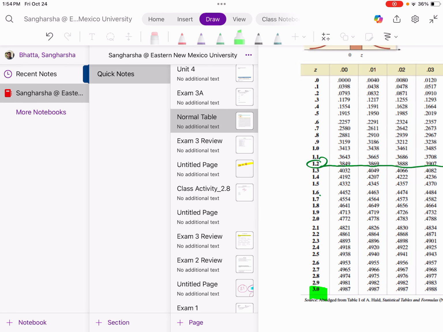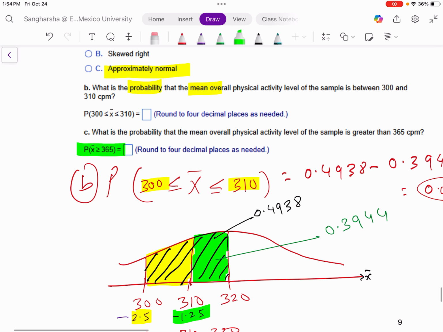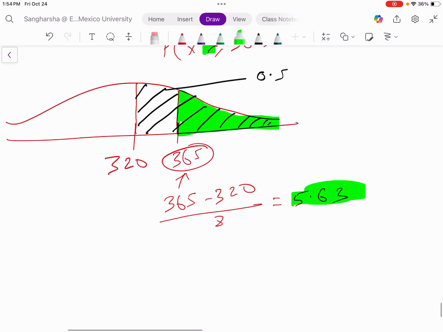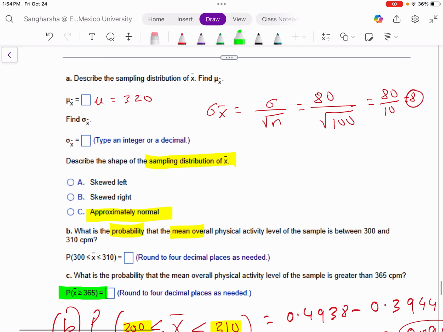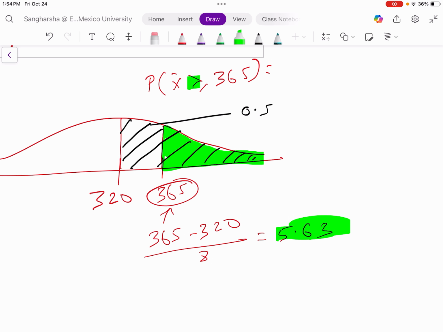Let me double check here. 365 minus 320 divided by 8, that is 5.63, with 8 being our standard error. So we have a very small area.